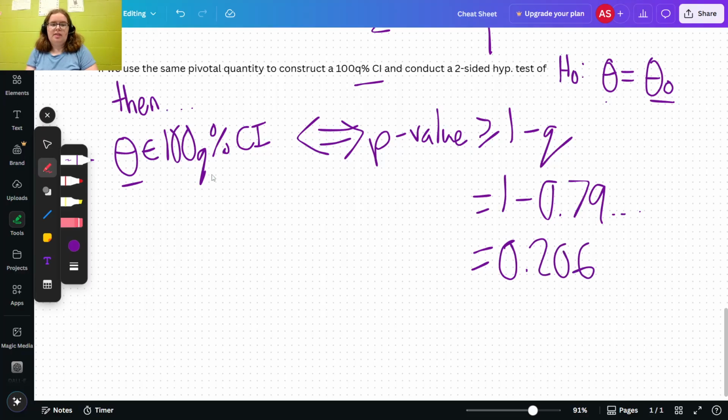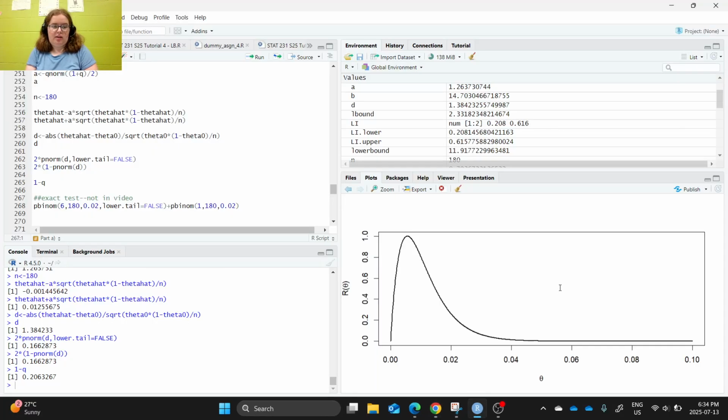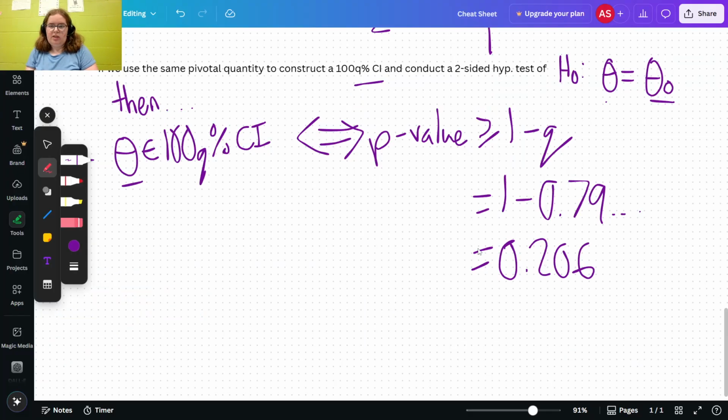So we see that theta is only in this confidence interval if our p-value that we generated is greater than 0.206, and we found our p-value is actually 0.1628, which was less than this value, so we can see that this theorem holds. That's essentially what I'm getting at here.